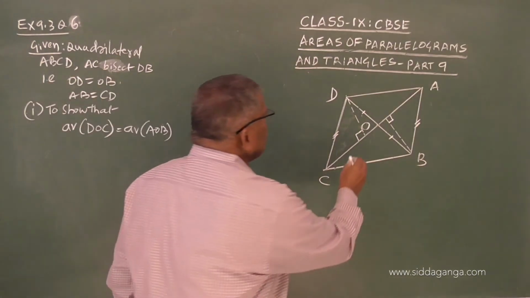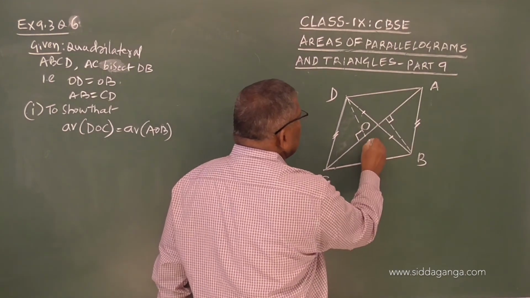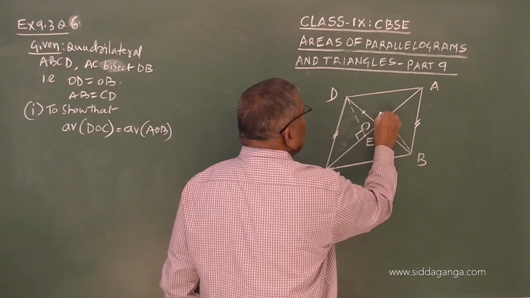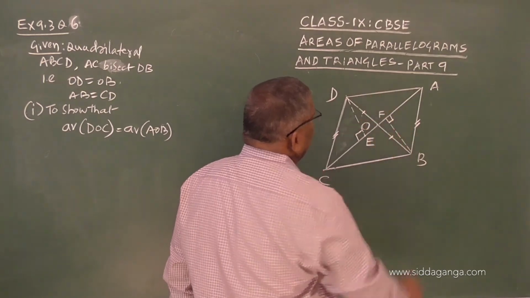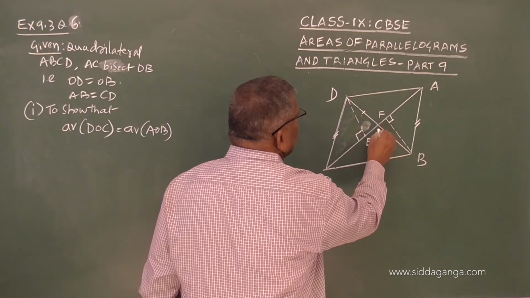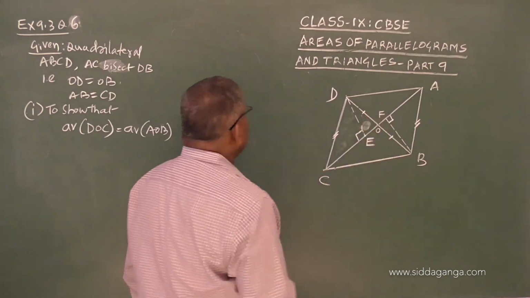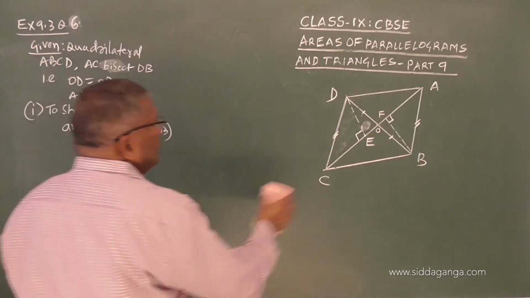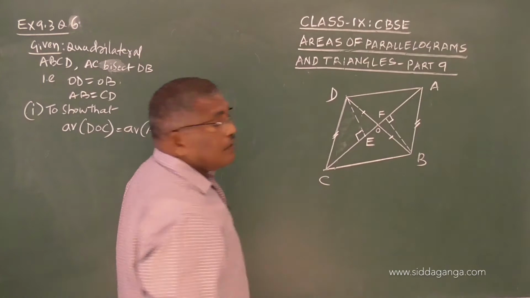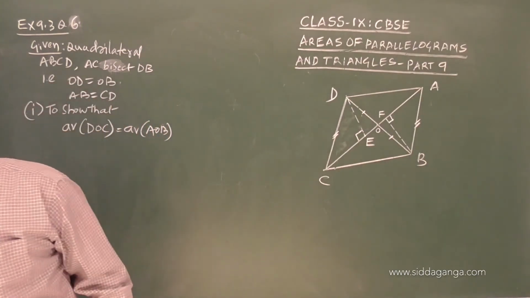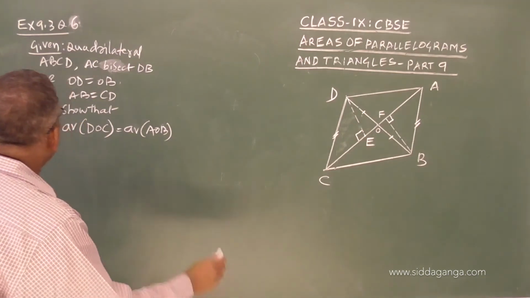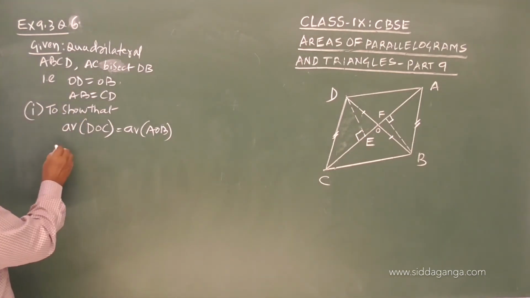I will call this point E, this point F. O is this center point. So you have to observe the figure very carefully and understand such problems step by step. Now, here we made some construction.